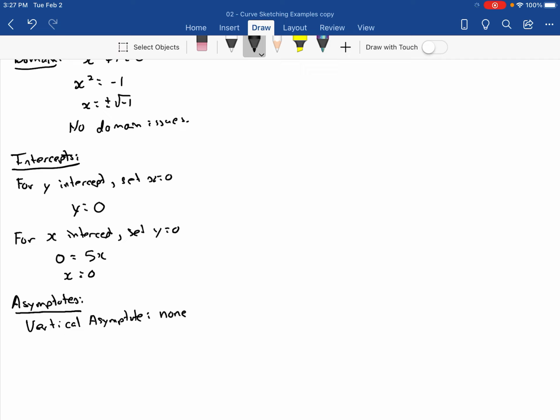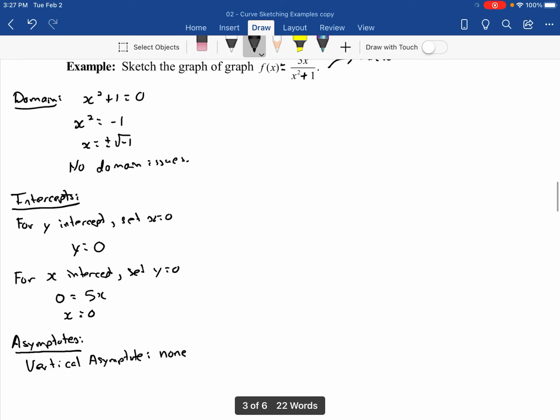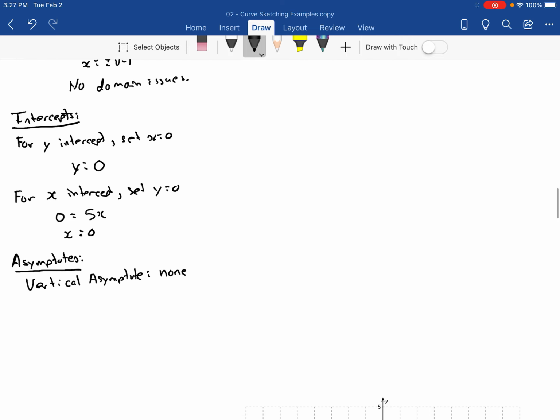Next, horizontal or oblique asymptotes. And this is where you have to remember all those rules about the degrees. So here, the degree of the denominator is greater than the degree of the numerator.